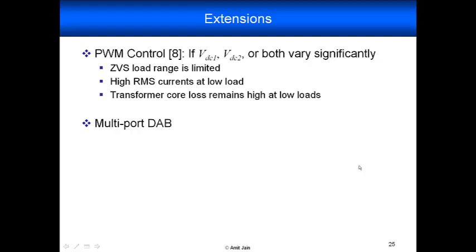Also, the RMS currents in the transformer and the switches are very high at low loads. The transformer core loss also remains high at low loads. We're not doing anything to reduce the transformer core loss.